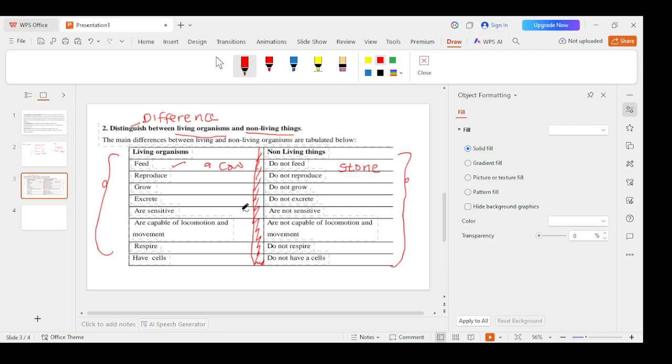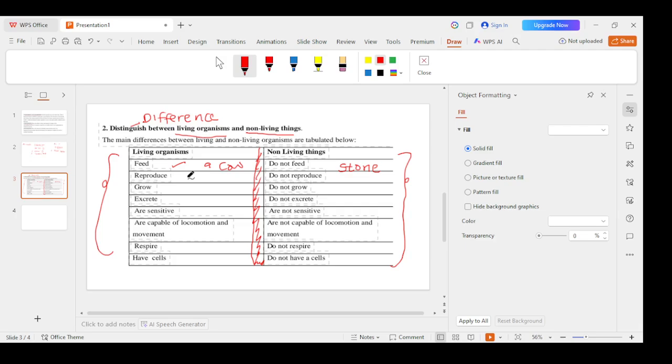Number two, reproduce. People reproduce, as do animals. That's why we have babies. We've also seen cows, chickens, goats and dogs reproducing. We have also seen trees reproducing through the type of reproduction called asexual reproduction.